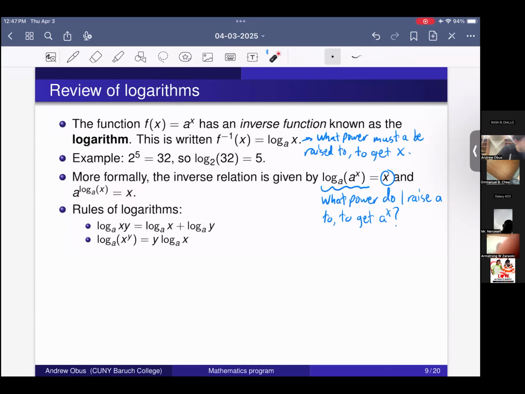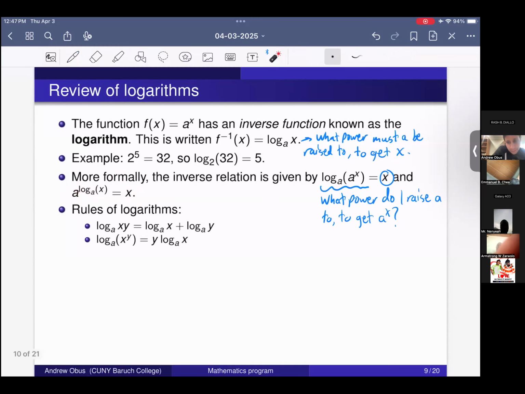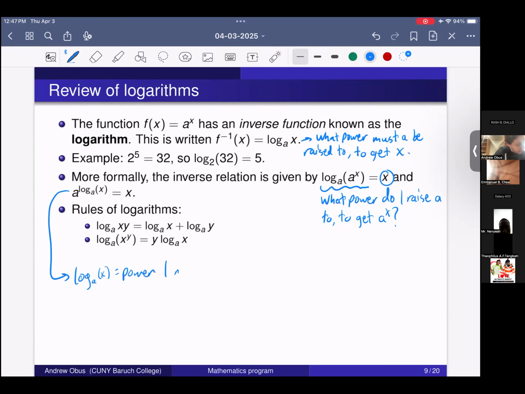So here, it's a little bit trickier to understand this, but we have that a to the log base a of x equals x. What does this mean? Well, remember, log base a of x is the power I need to raise a to in order to get x.